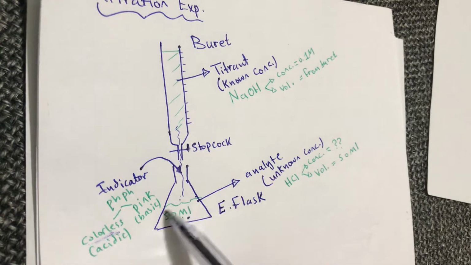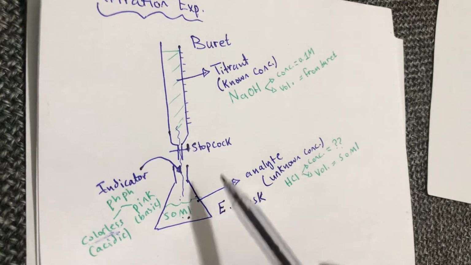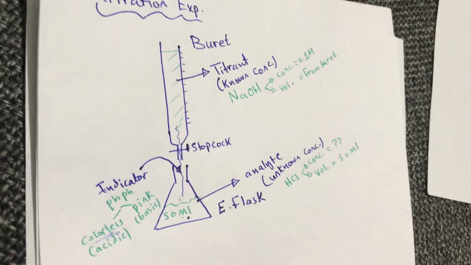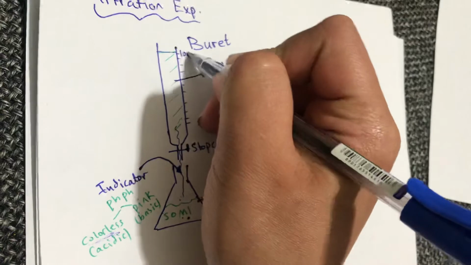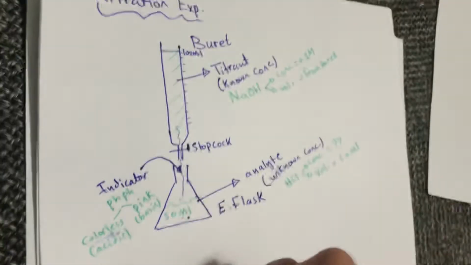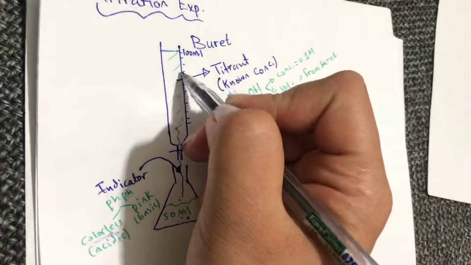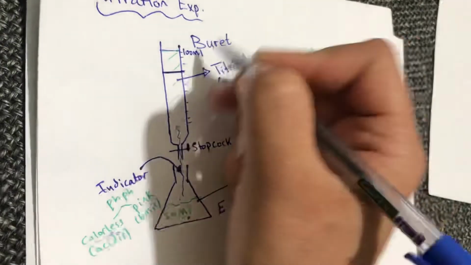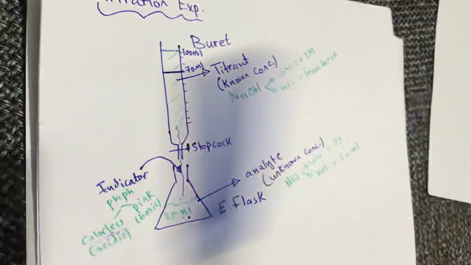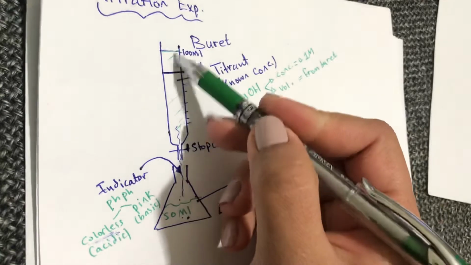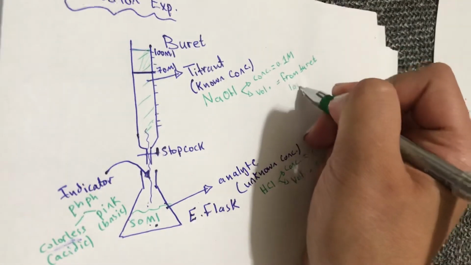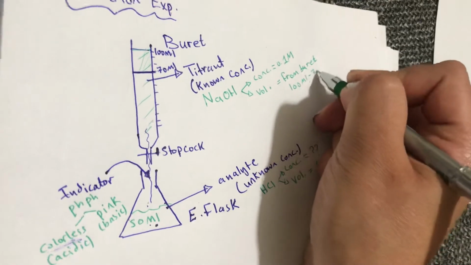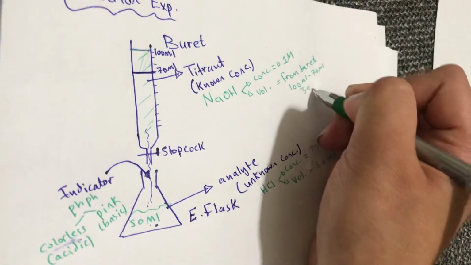When the color of the solution changes to pink, you have to stop the reaction. For example, if you start the reaction with volume 100 ml, and when you finish the reaction the volume is 70 ml, what is the volume of sodium hydroxide used in the experiment? 100 ml minus 70 ml, so 30 ml.